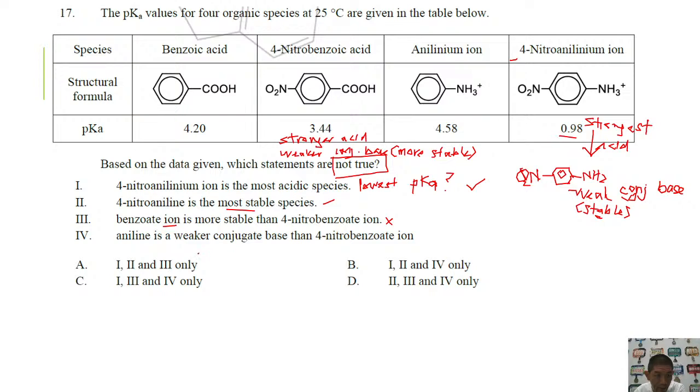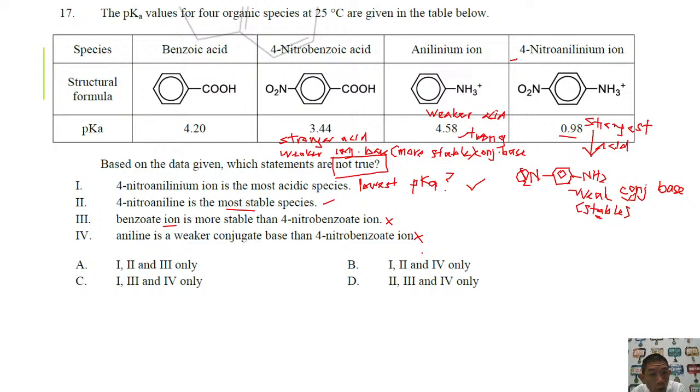And then number 4, aniline is a weaker conjugate base than 4-nitroaniline. Because aniline is a weaker acid, that means you have a stronger conjugate base. So this statement is also not true.